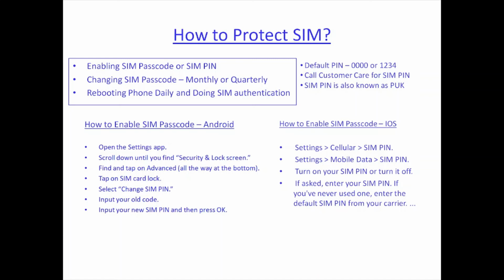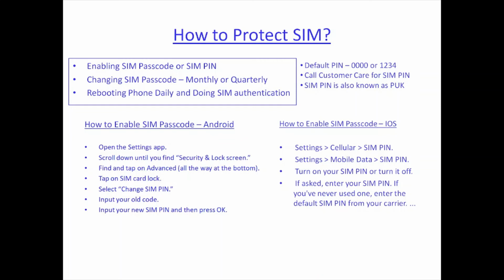Let's understand how to enable SIM passcode on an Android phone or on an iOS phone. In both phones, you have to go to the Settings app. In Android, you have to go to Security and Lock Screen and identify whether there is an Advanced tab.